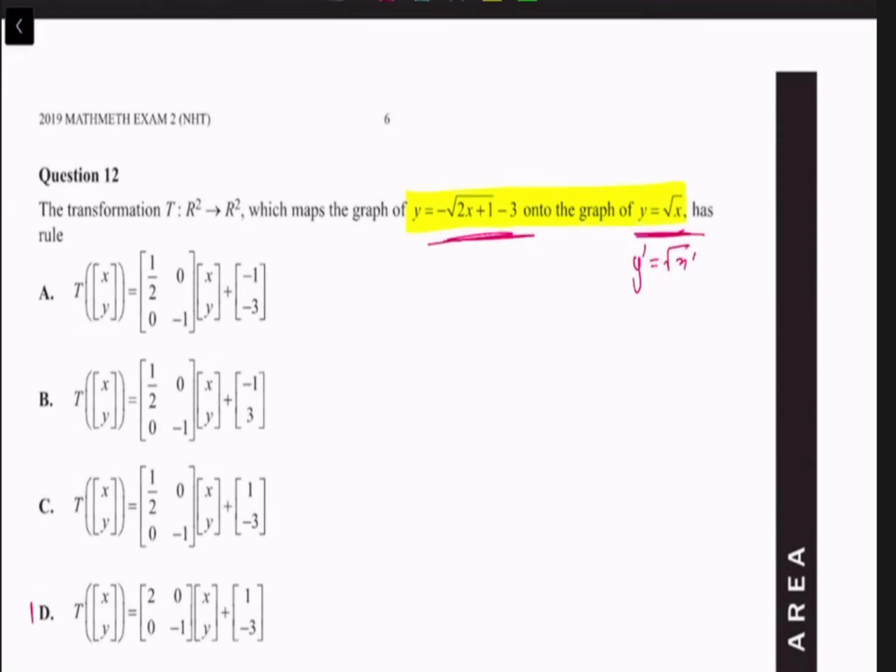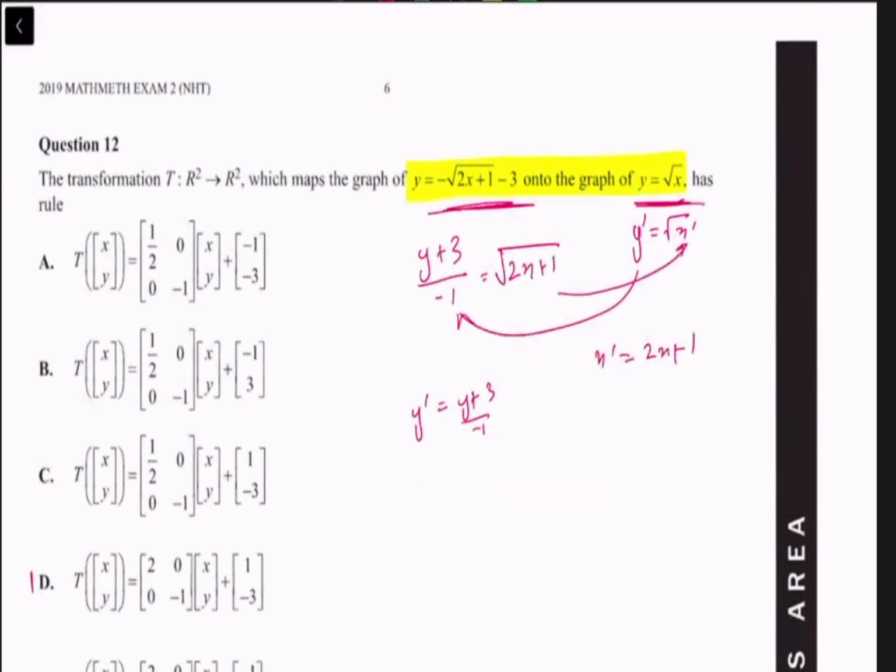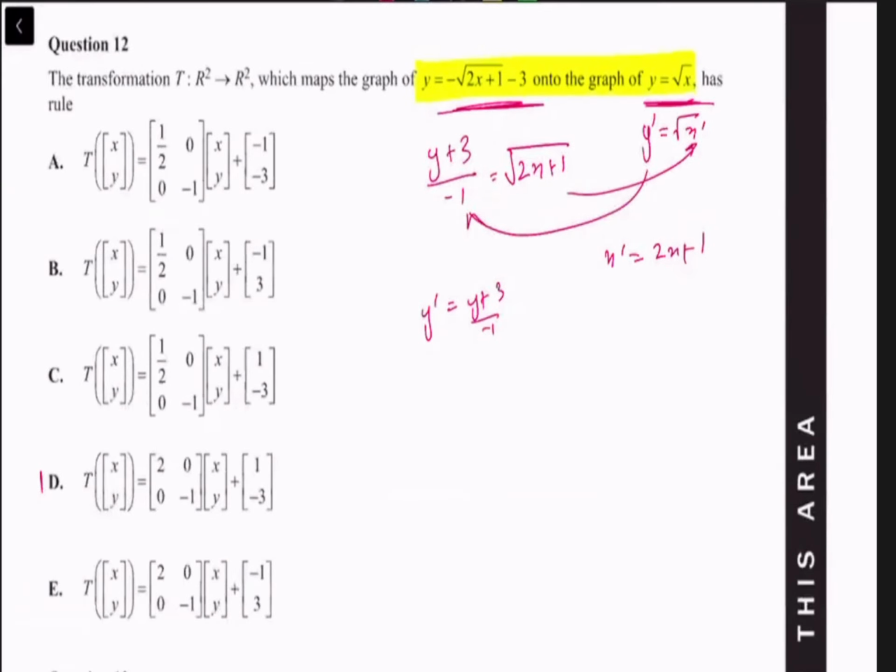Then we can rearrange this so it looks like the transformed function, and then you can just equate things. So y dash is equal to y plus 3 on -1, and x dash is equal to 2x plus 1. When you look at matrices, right away when you expand them, it's in y dash equals something and x dash equals something.